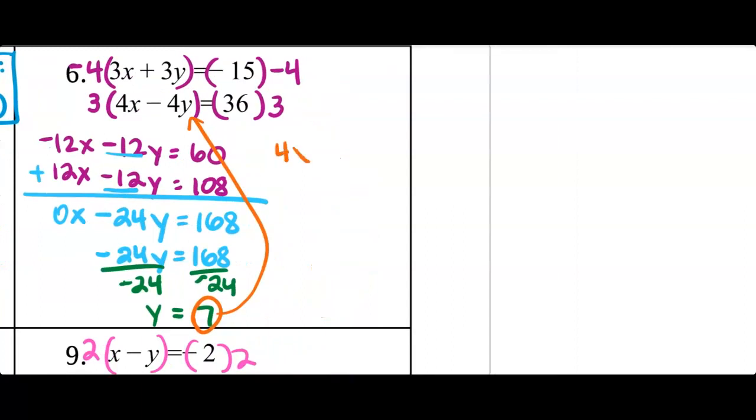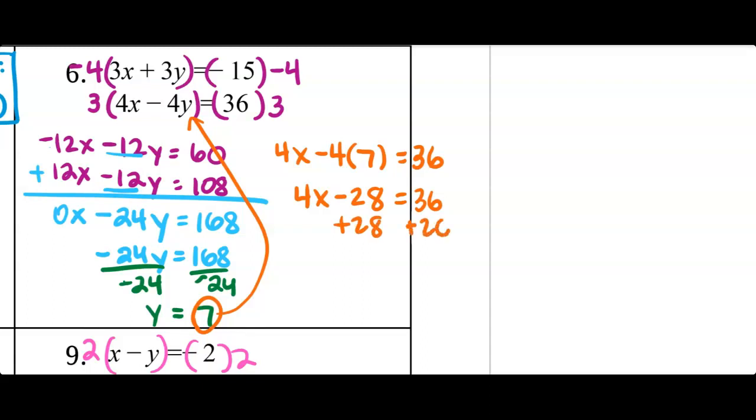So I'm going to have 4x minus 4 times 7 equal to 36. Completing my multiplying, I get 4x minus 28 equals 36. Adding 28 to both sides, it's 4x is equal to 64. Dividing by 4 gets that x is equal to 16.